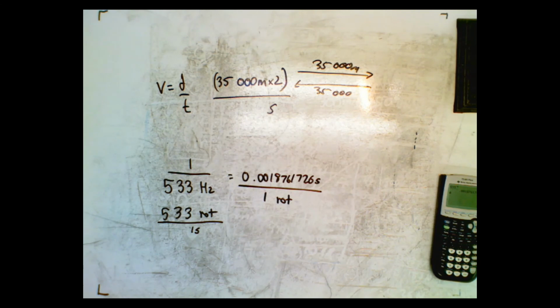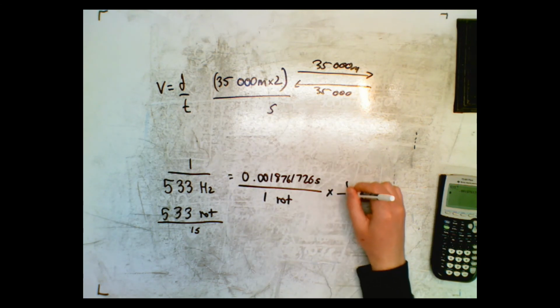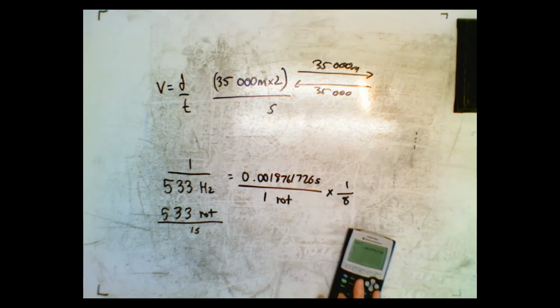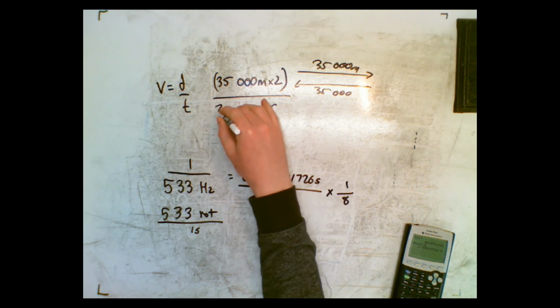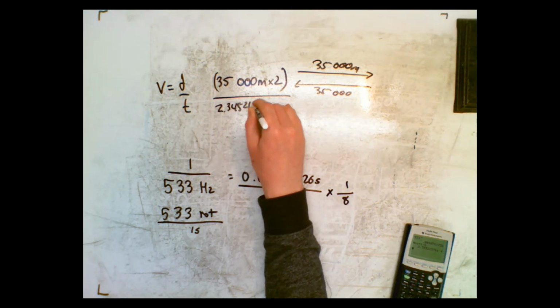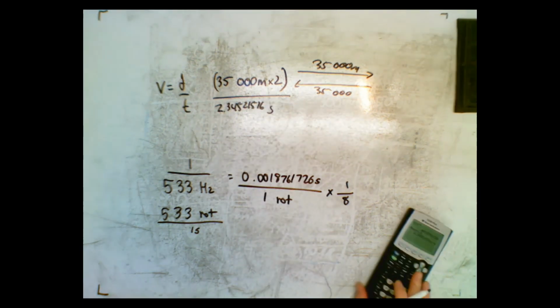So we only want 1/8 of that answer, because we want the time it takes to do 1/8 of a rotation. For that, I get 2.3452156 times 10 to the negative 6.